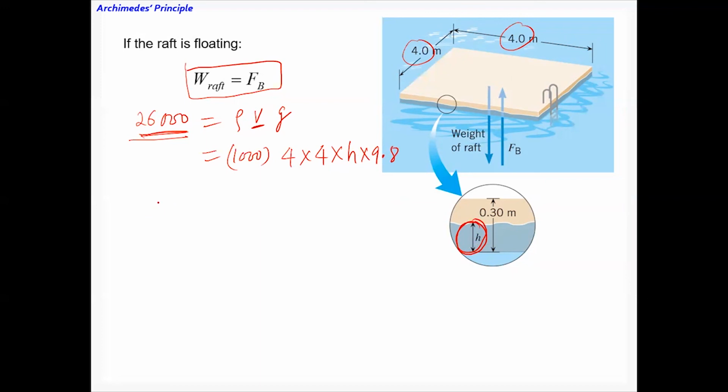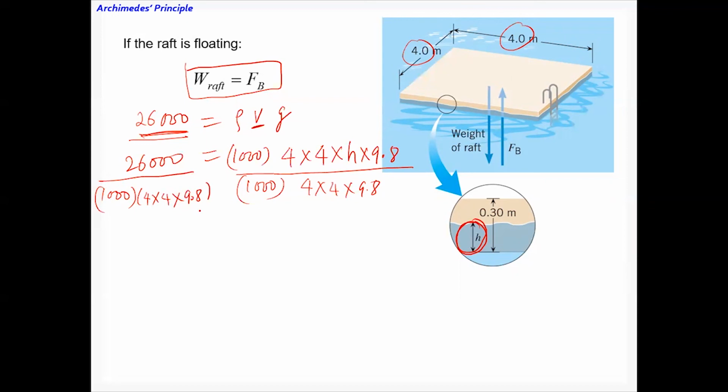If you do that, what do you get? So if you divide both sides by 1000 times 4 times 4 times 9.8, then this cancels out here.